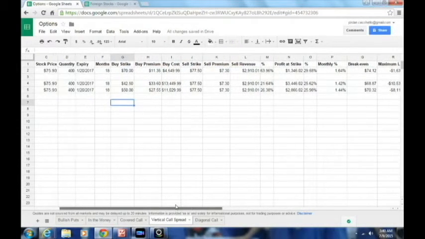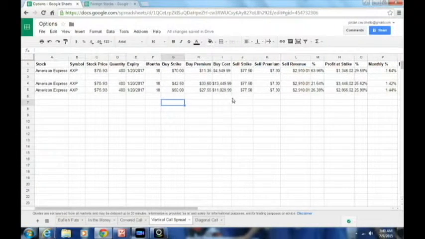But instead of selling the January 2017 strike prices of 77.50, I'm going to sell a more recent one. So I'm going to sell them a month out, or you can even do weeklies. So we're going to look at now an example of a diagonal call.